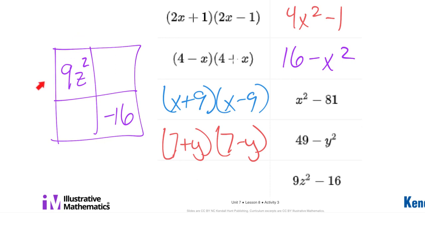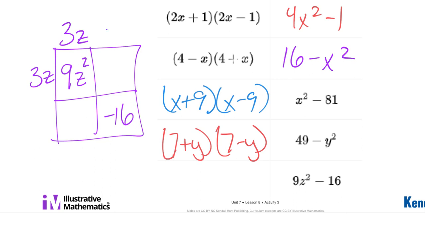In this one, I have a few more options. How can I get 9z squared? I could do 9z times 1z, or I could do 3z times 3z. And I'm noticing a pattern with my factors here that things are generally very similar, like this 2x plus 1 times 2x minus 1. So I'm going to try 3z times 3z.